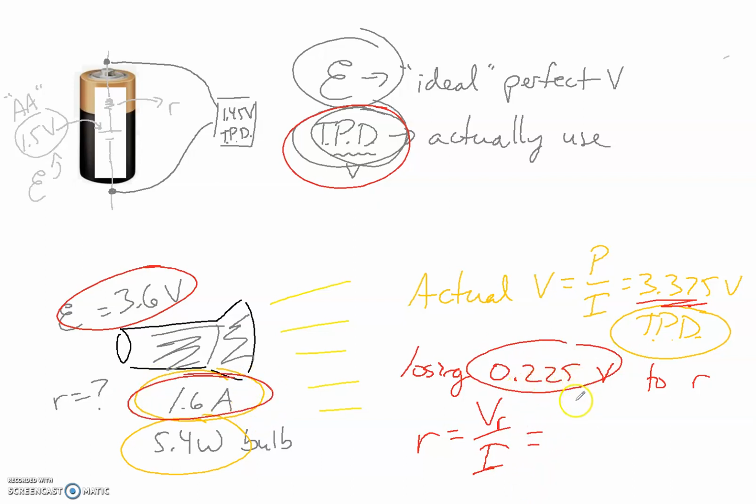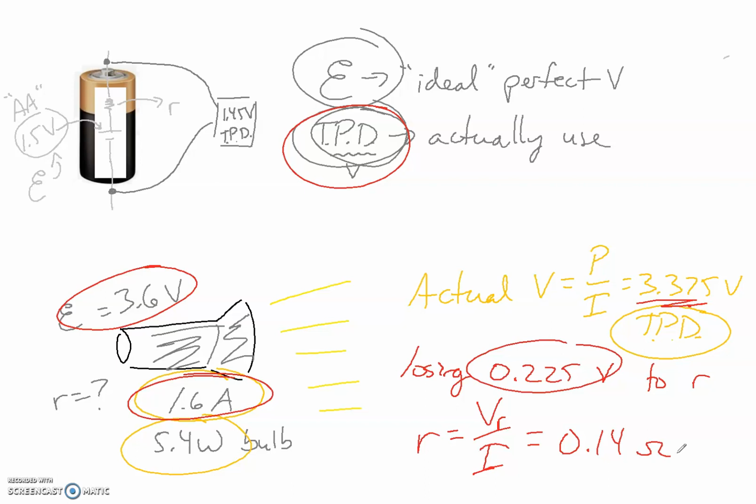So 0.225 volts divided by the current, and I get about 0.14 ohms of internal resistance. Of course, in a real system, that'd be the entire internal resistance for the wires and the cell and whatever, all of it put together. But that's the basic idea.